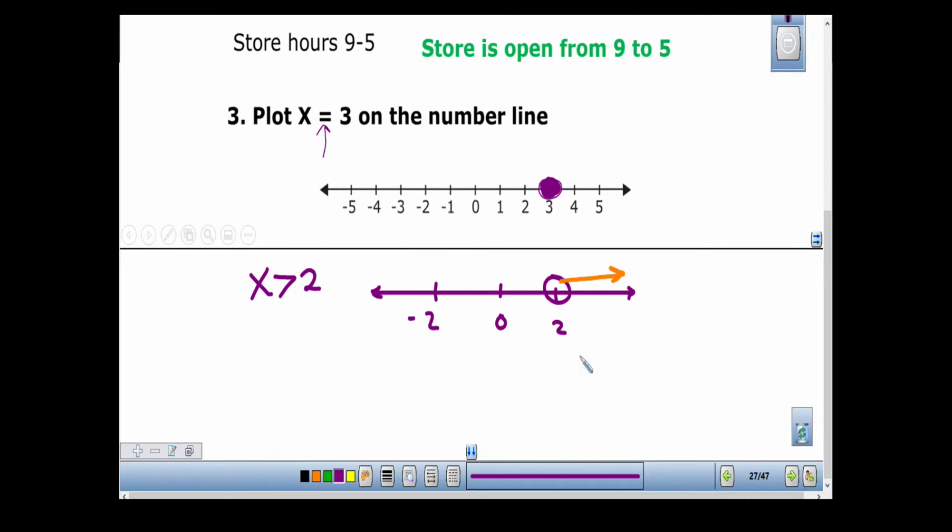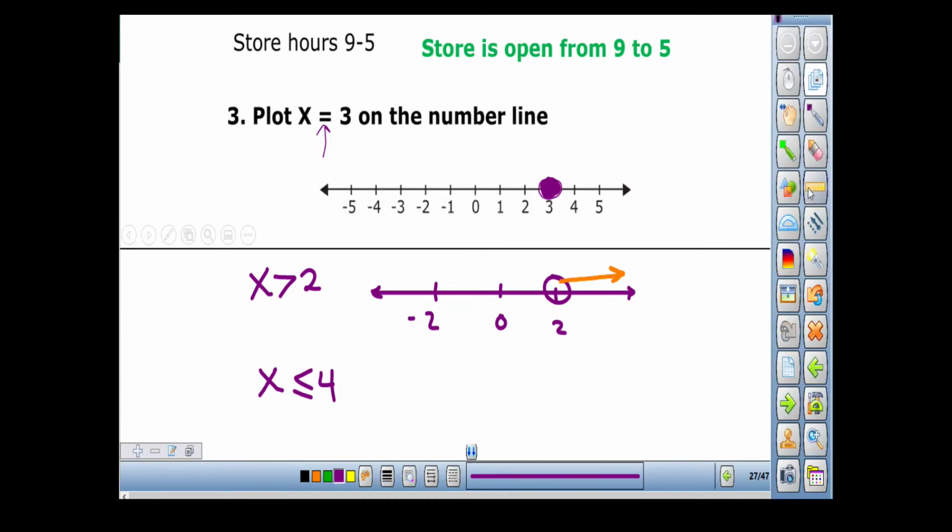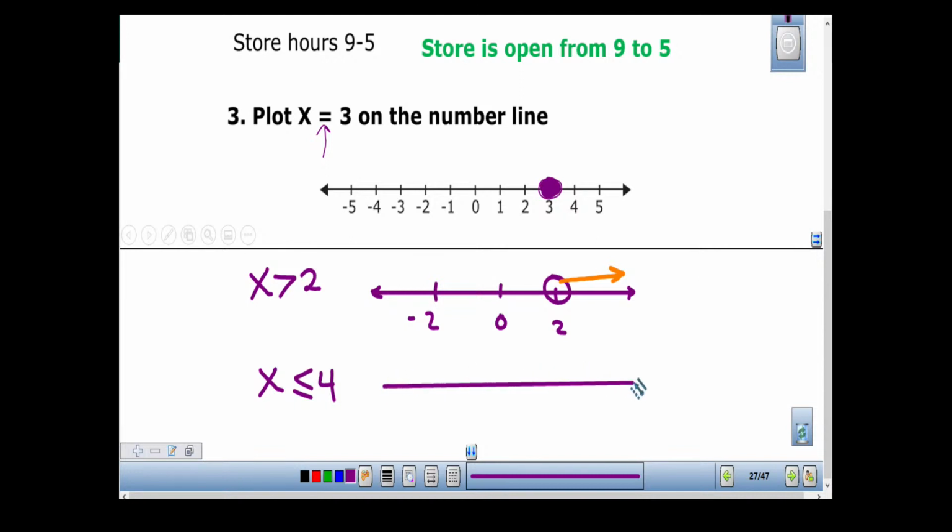All right, what if I said we needed to do x is less than or equal to 4? Okay, so use a number line, and we're gonna go to, remember these arrows here, arrows.